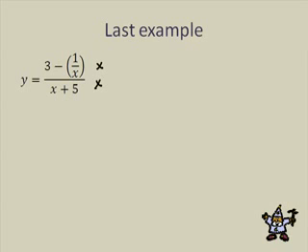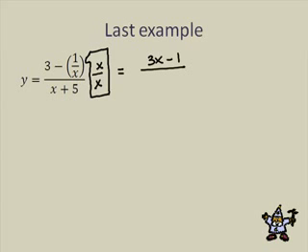So in this case, when we multiply by x over x, remember that's a giant 1. So I can multiply a fraction times 1 and not change the value of it. So the rewrite then is going to be 3x minus 1 over x squared plus 5x. So that looks a little bit better there.